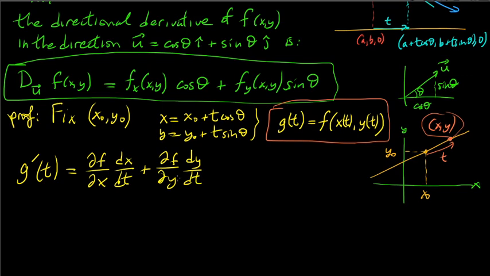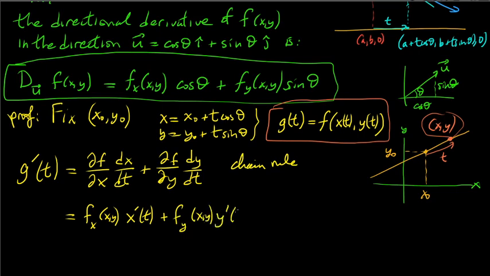So that's the chain rule from the last section. And we can maybe rewrite this in terms of the subscript x, and again, this is at some particular point x, y, times x prime of t, same thing as dx over dt, plus the partial of f with respect to y, f subscript y, at the point x, y, times y prime of t.